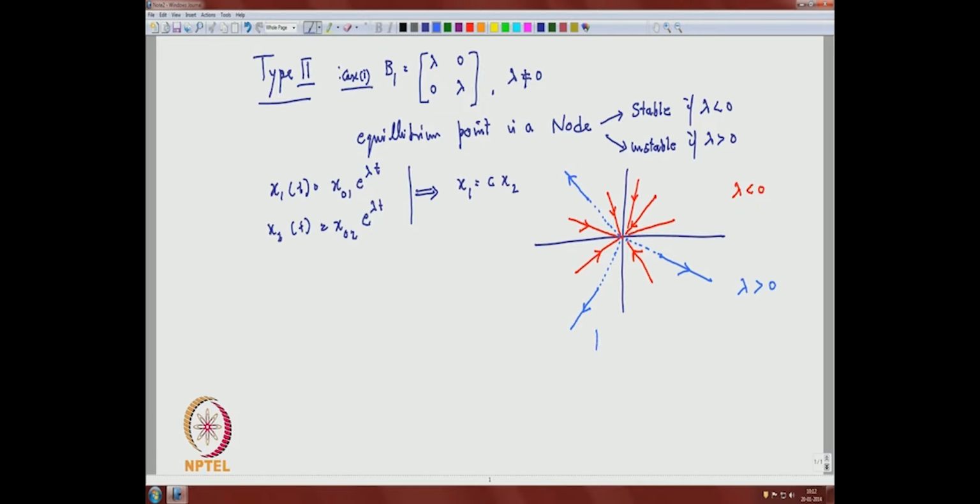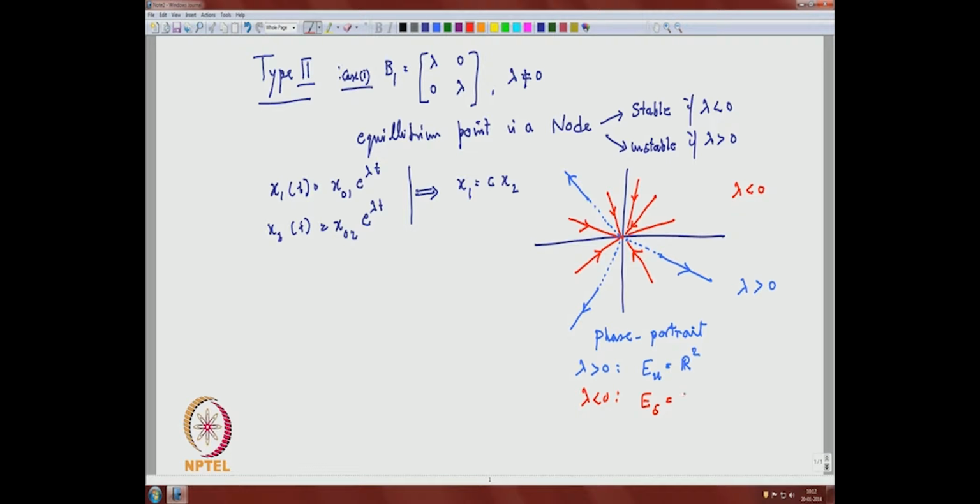These are phase portraits of two systems, not just one. For lambda greater than 0 you have the unstable case, which is completely R2, and for lambda less than 0 it is completely stable.